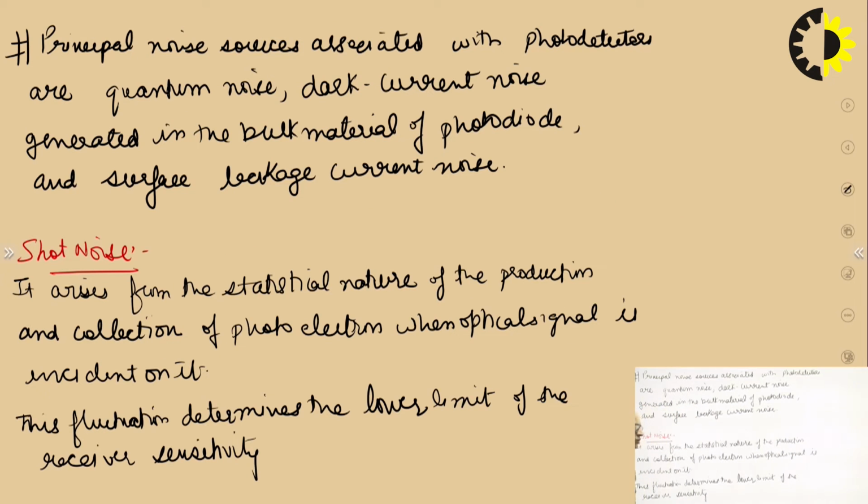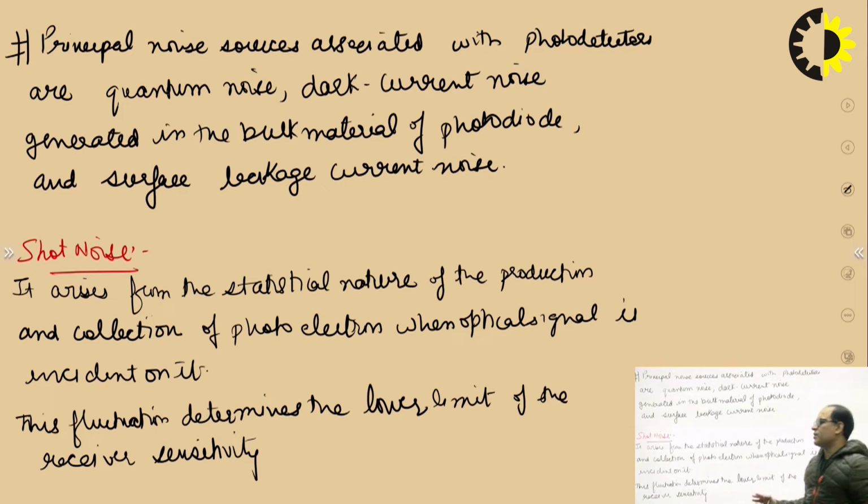Now to calculate the SNR, we have determined the numerator. Now we'll talk about the denominator, and in the denominator the noise will be due to the photodetector and the amplifier. First of all we'll talk about the noise due to the photodetector.